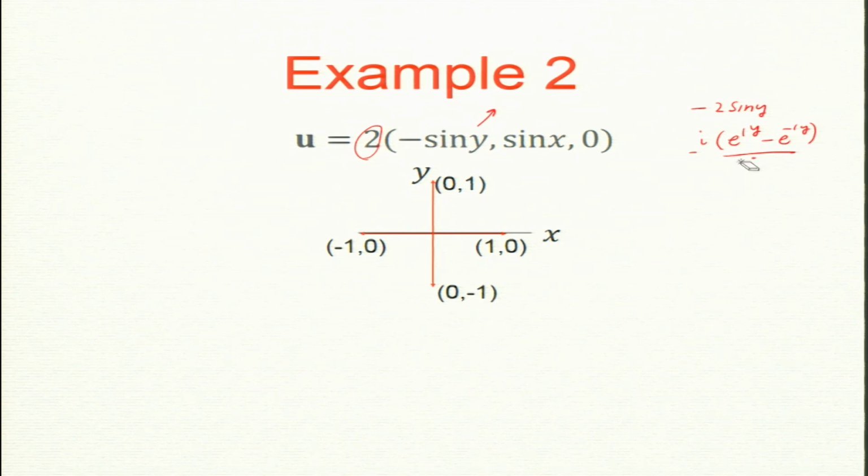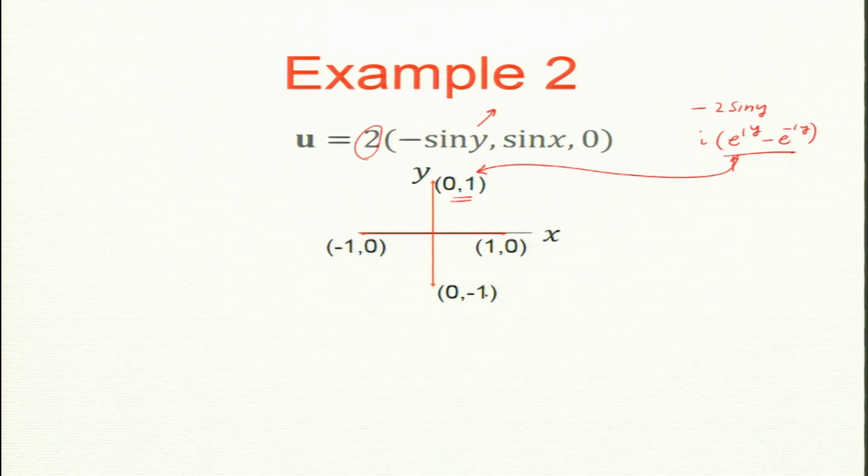So, what is the wave number corresponding to this one? k y is non-zero, k y is 1 and k x is 0. So, this is corresponding to this one.